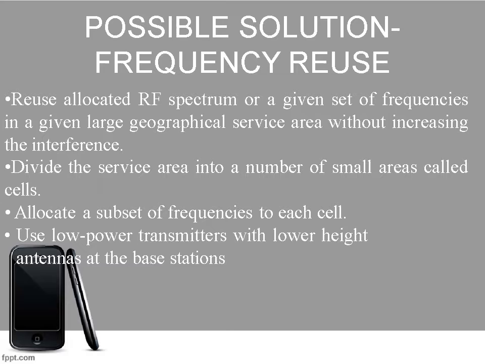We can divide the surface area into a number of small areas called cells, and allocate a subset of frequencies to each cell. We can use low power transmitters with lower height antennas at the base station.